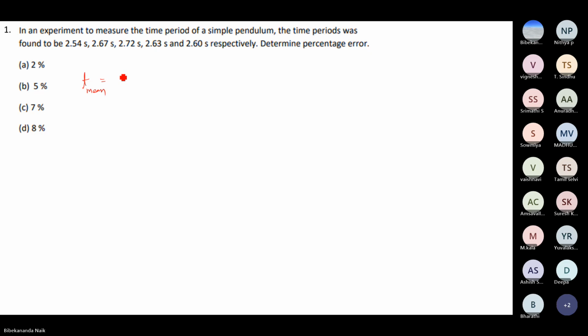T mean will be 2.54 plus 2.67 plus 2.72 plus 2.63 plus 2.60 whole divided by 5, which is coming out to be 2.632.